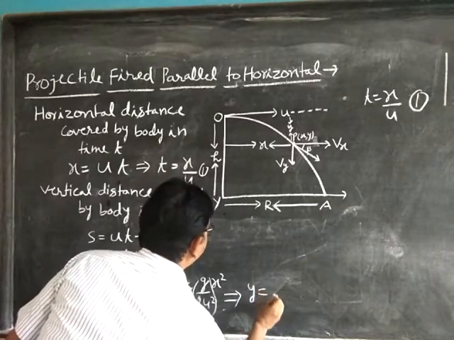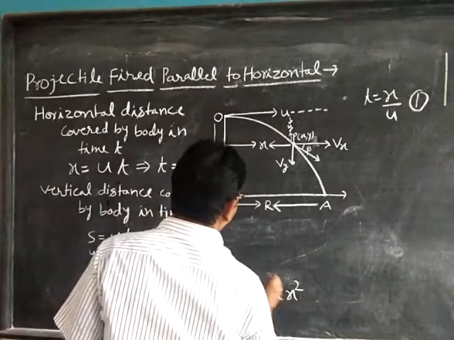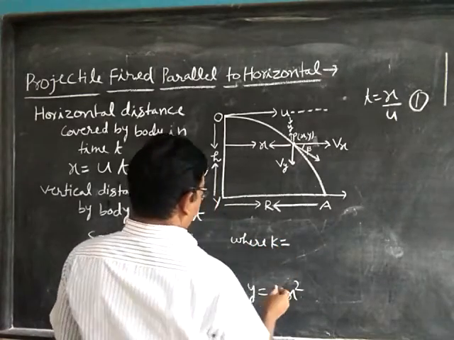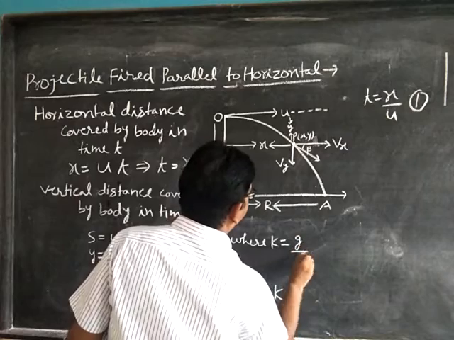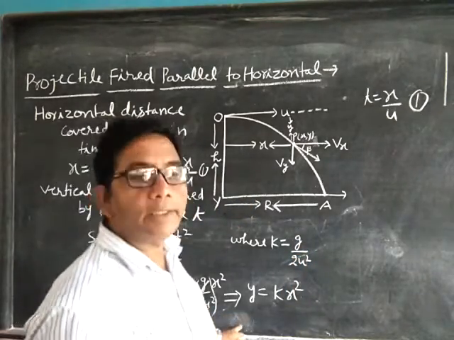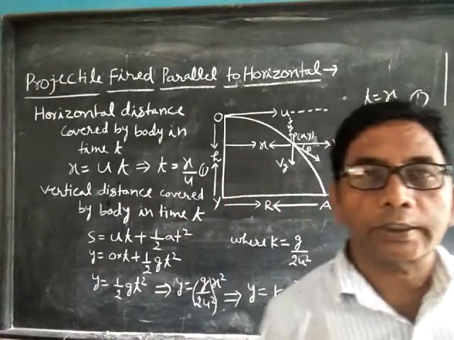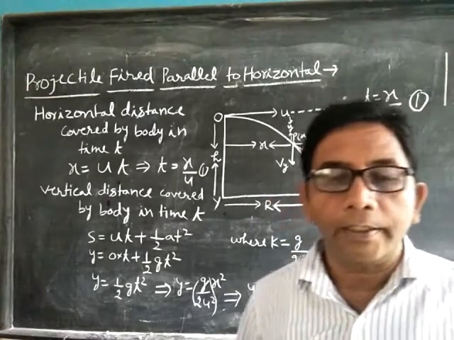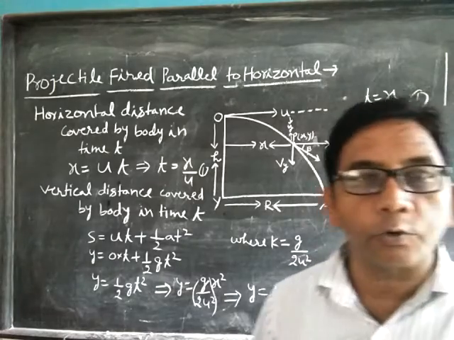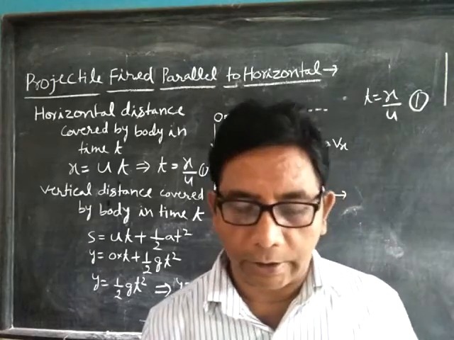Y is equal to k x square, where k is equal to g upon 2u square. Since y is a quadratic function of x, the trajectory of the projectile is a parabola. What is trajectory? I have already told you. The path followed by the projectile is known as trajectory.